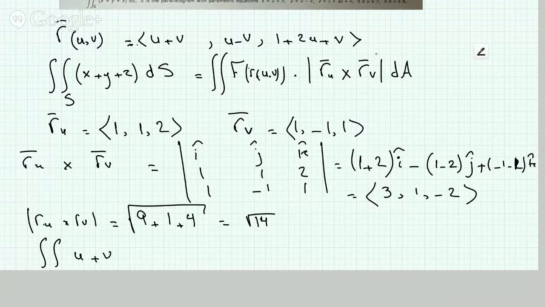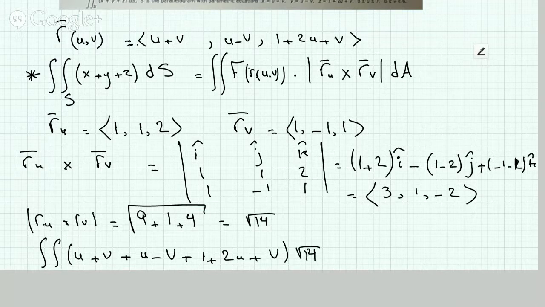So u plus v, y is u minus v, so plus u minus v, and z is 1 plus 2u plus v. And then this is multiplied by the magnitude of the cross product, which is root 14. And then dA is just du dv. It's the area of the subrectangle that we take for the Riemann sum from which this formula was derived.